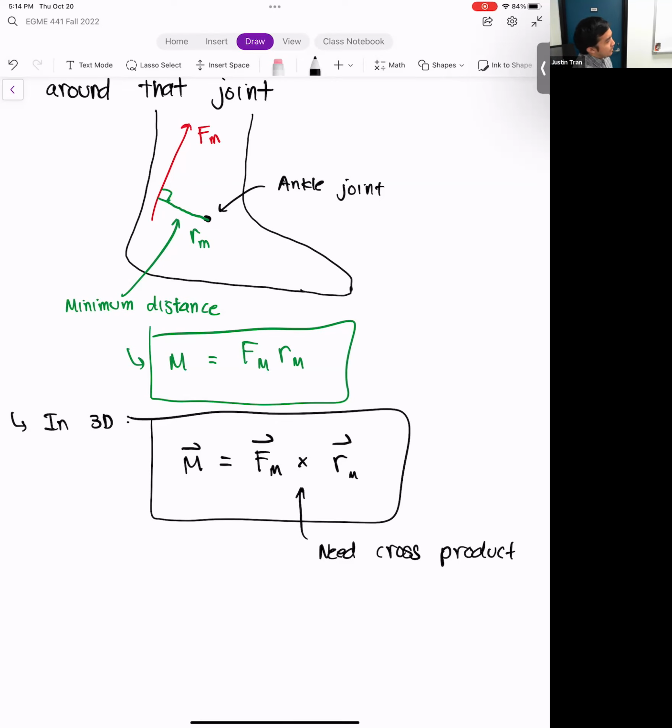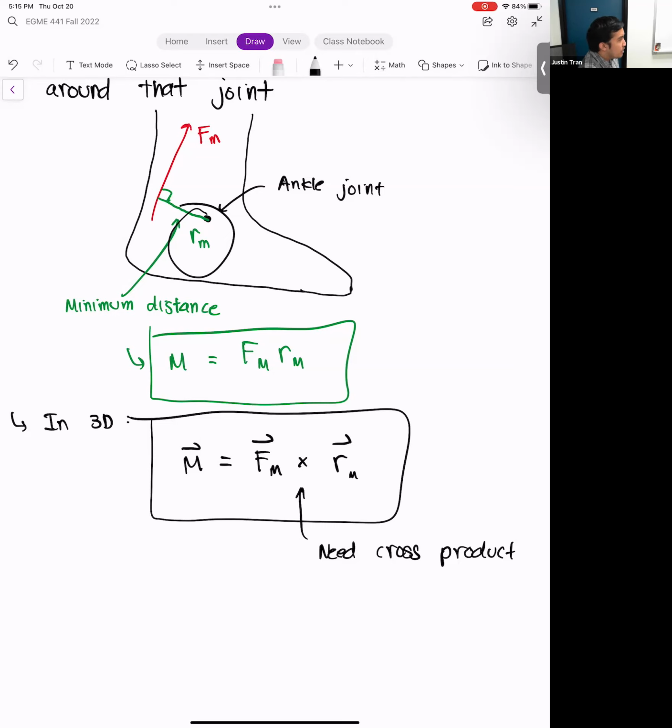One thing you may have been wondering, as we did our statics portion, is how do we actually determine this? Do we have to take an X-ray or an MRI just to get those moment arms? There's actually a very clever way that you can compute this, just based on external observations, so that you don't have to do an MRI.